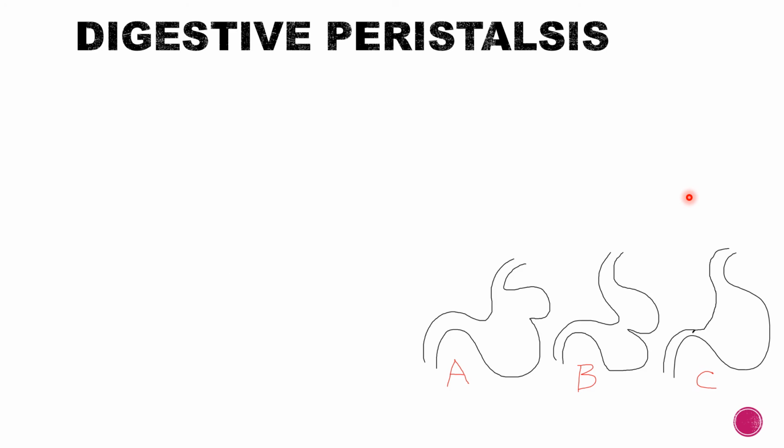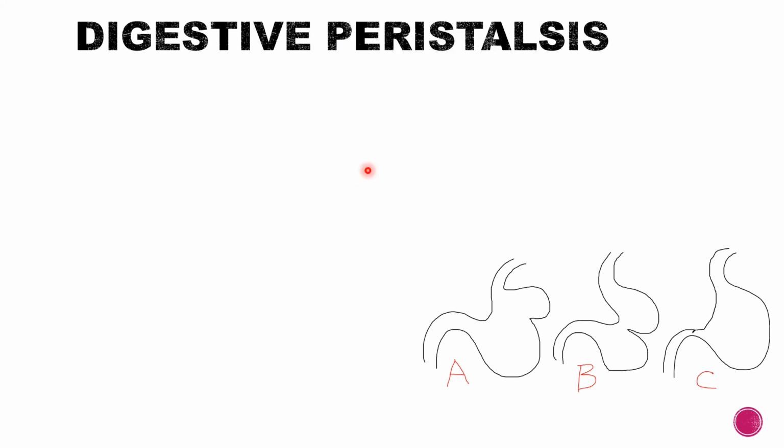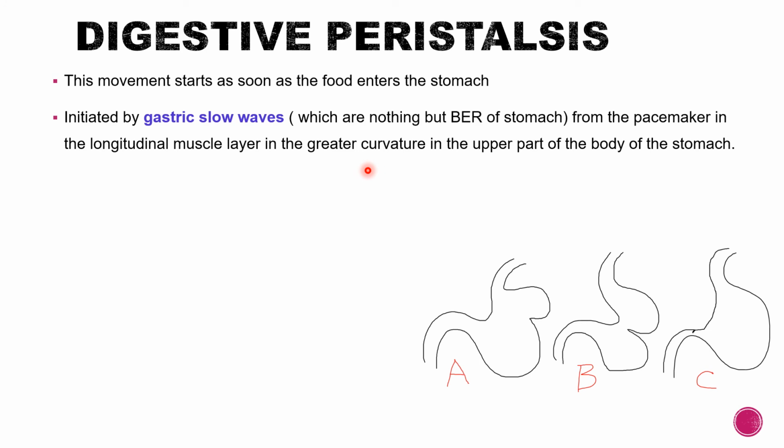So this was a general discussion about peristalsis. Now let's talk about digestive peristalsis. What is digestive peristalsis? We talked about peristalsis, now we are going to talk about digestive peristalsis. Digestive peristalsis basically starts as soon as food enters the stomach. These are initiated by gastric slow waves, which are BER of the stomach.